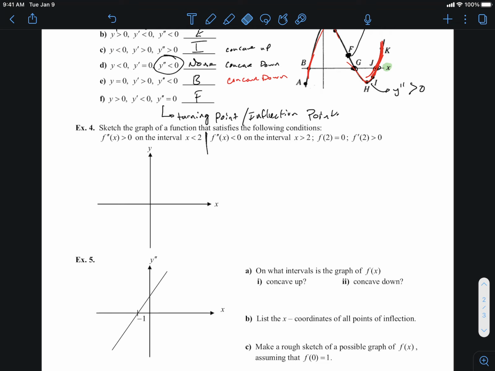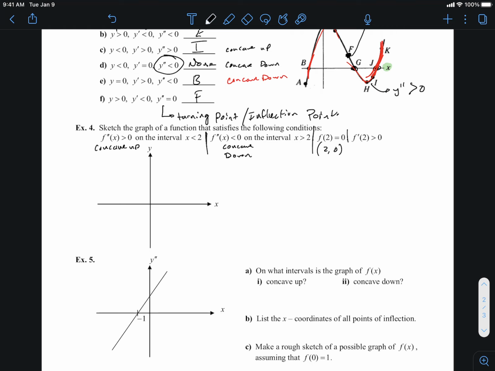And on the interval x greater than 2, concave down. Sometimes this helps as a new concept: concave up, concave down. Then specifically, we want the point (2, 0); the graph is going to go through that point.